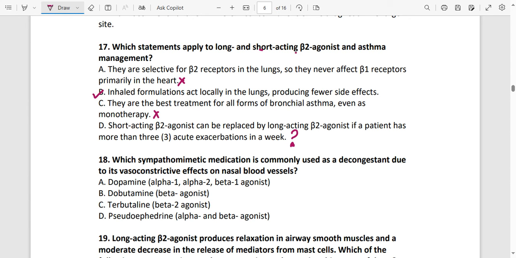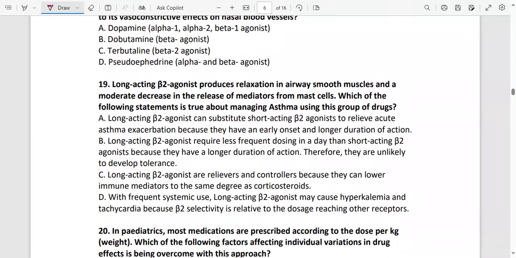So pseudoephedrine is the best because of its action on the alpha 1 receptor. It causes constriction of the vessel, and that constriction is going to reduce blood flow, and that can help in reducing swelling and congestion. So that's why that drug is used.